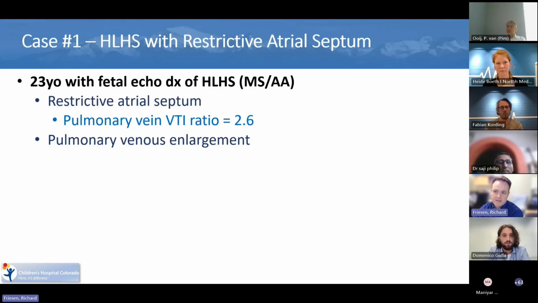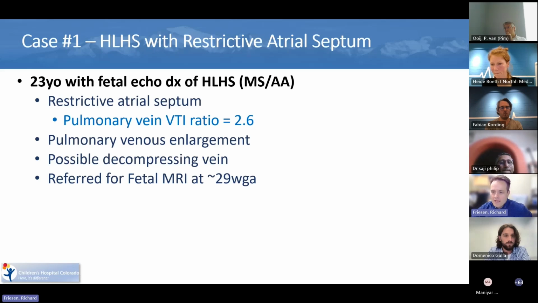They were also seeing pulmonary venous enlargement on the fetal echocardiogram, and then a possible decompressing pulmonary vein by echocardiogram that was a little bit unusual and not what they had typically seen in this clinical scenario.